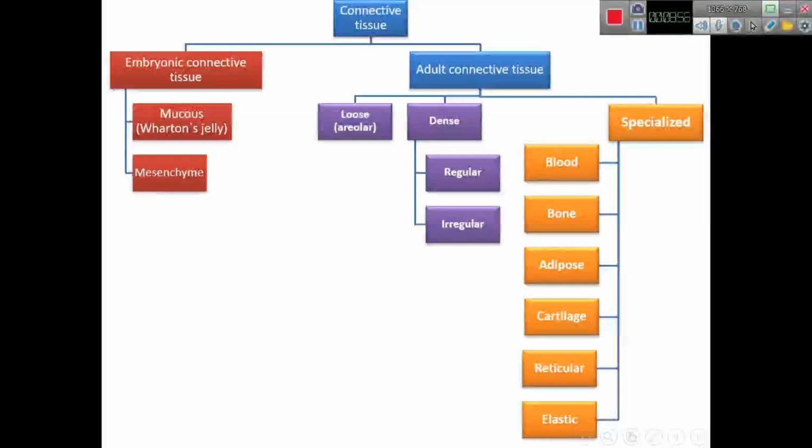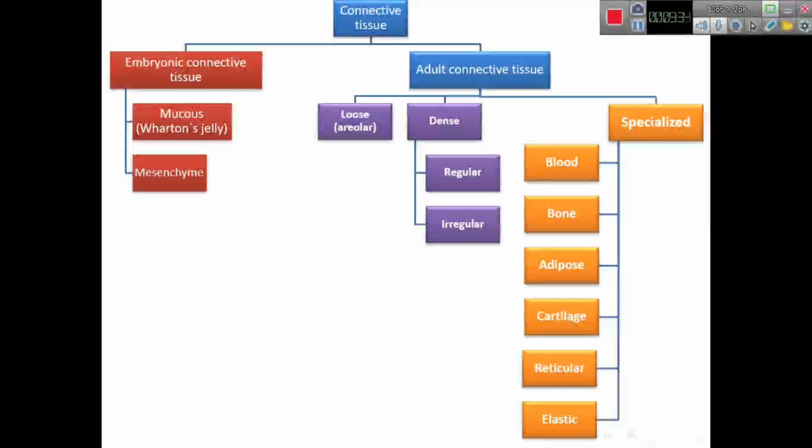About the adult connective tissue, the loose, or another name is areolar, is a very delicate connective tissue with equal proportion of the connective tissue components. Then we have dense, regular and irregular, with high content of fibers. And the other connective tissue is called specialized connective tissue, or sometimes called supporting connective tissue. They have, for example, different matrix.